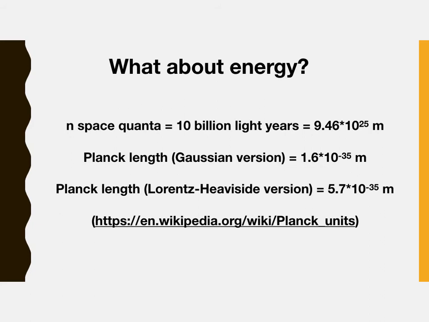What if a space quantum had Planck length? In the Gaussian version, this would be 1.6 times 10 to the minus 35th meters. In the Lorentz-Heaviside version, 5.7 times 10 to the minus 35th meters, according to Wikipedia.